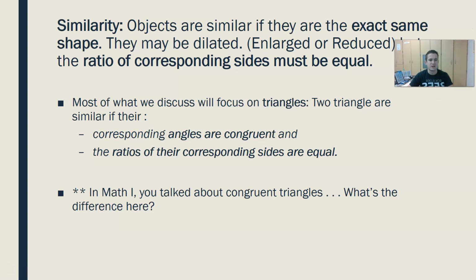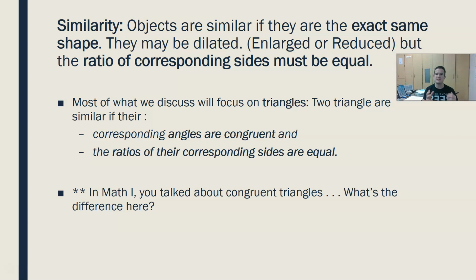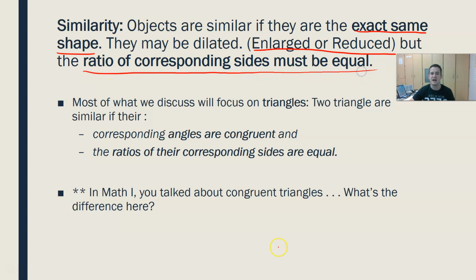So in math, when I'm talking about geometry, when I'm talking about similarity, objects are similar if they have the exact same shape, but they may be dilated, meaning they may be enlarged or reduced. But the ratio of corresponding sides must be equal.